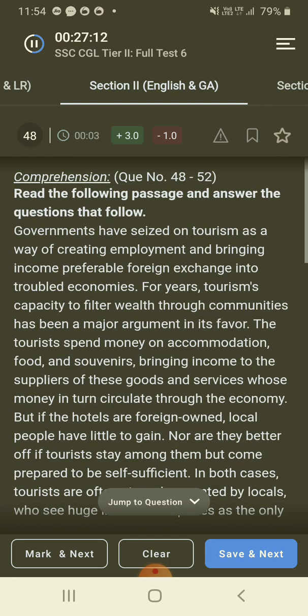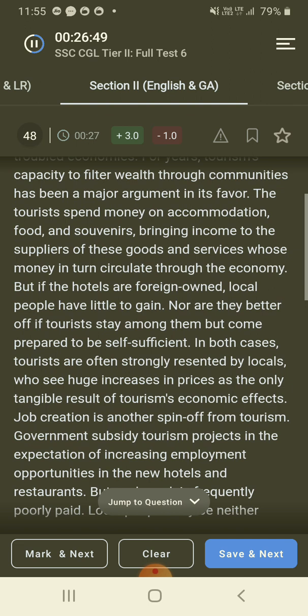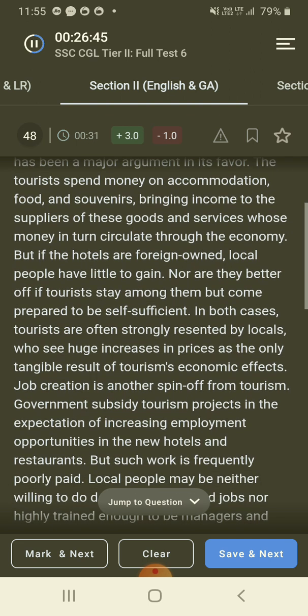Governments have seized on tourism as a way of creating employment and bringing income, preferably foreign exchange, into troubled economies. For years, tourism's capacity to filter wealth through communities has been a major argument in its favor. The tourists spend money on accommodation, food, and souvenirs, bringing income to the suppliers of these goods and services, whose money in turn circulates through the economy.